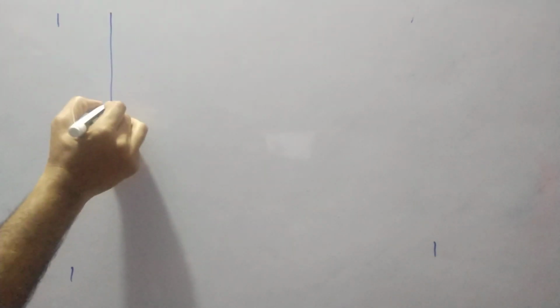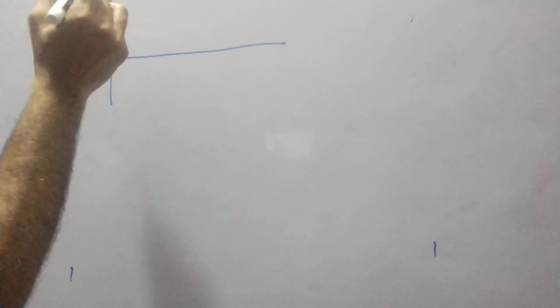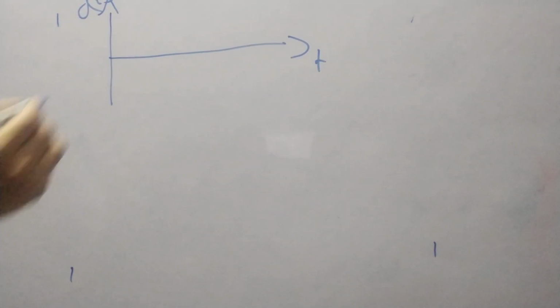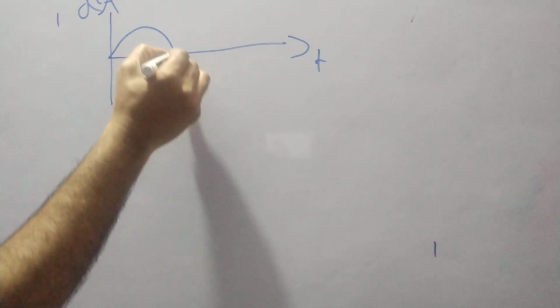Right. Now, if you take two curves here, you already know that you can define the phase difference for a single curve or for two curves. Suppose this is one curve, this is y of t, this is the time axis. Now I am taking two curves here. So this is one curve.